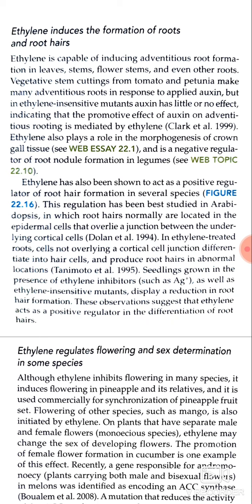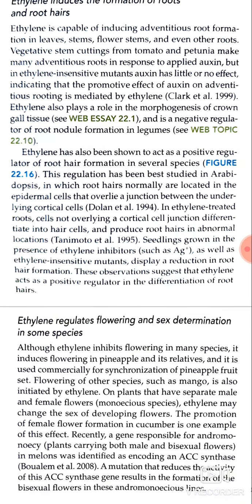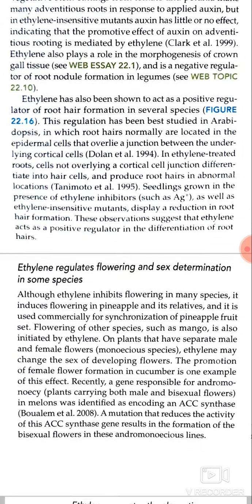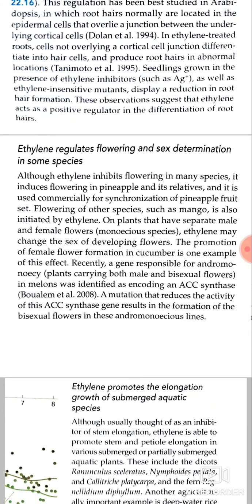Seedlings grown in the presence of ethylene inhibitors such as silver ions, as well as ethylene-insensitive mutants, display a reduction in root hair formation. These observations suggest that ethylene acts as a positive regulator in the differentiation of root hairs.